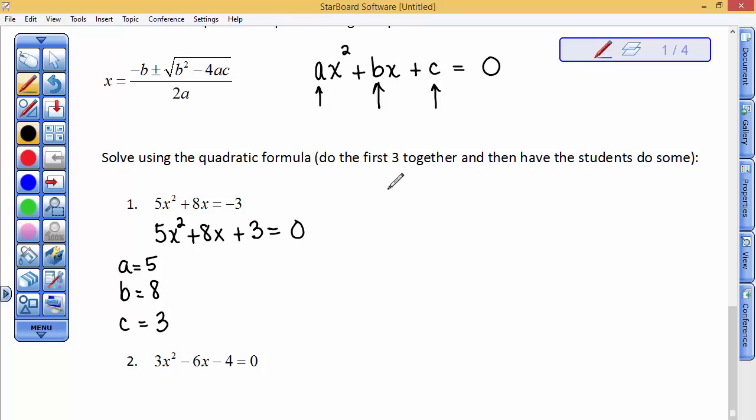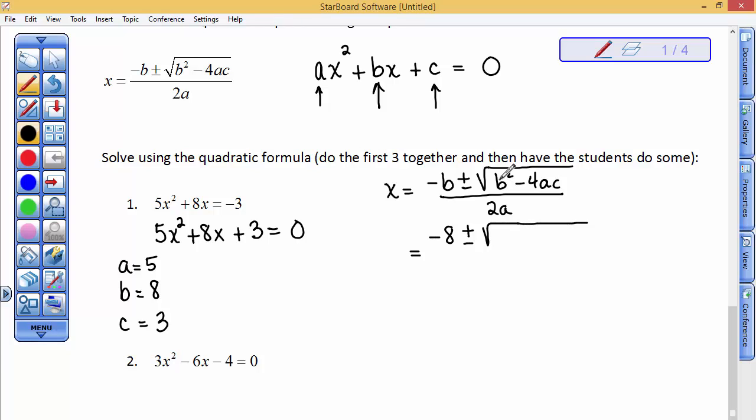Then I'm going to put into this formula that says to take the opposite of b plus or minus the square root of b squared minus 4 times a times c, all divided by 2 times a. All right, so b is 8. b is the number in front of x. I want the opposite of that, so I'll put a negative 8 here. Plus or minus. Whatever you do, the b value is always squared.